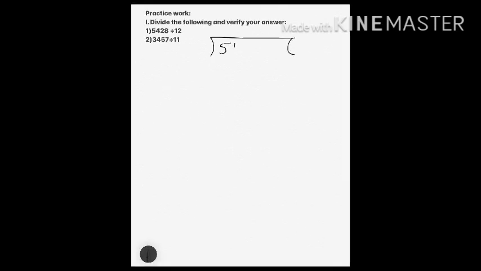Alright, so here is one I'm doing quickly in front of you, and then I will verify the answer quickly in front of you. Here the dividend is 5,428, and you have to divide it by 12. You know the table of 12, no? So this division will go fast. 12 fours are 48. When I subtract it, I will get the answer 0, 6.